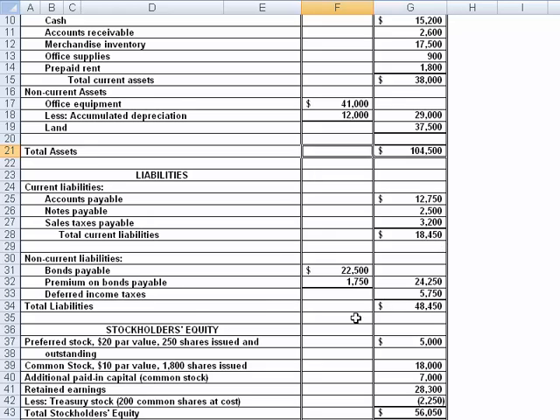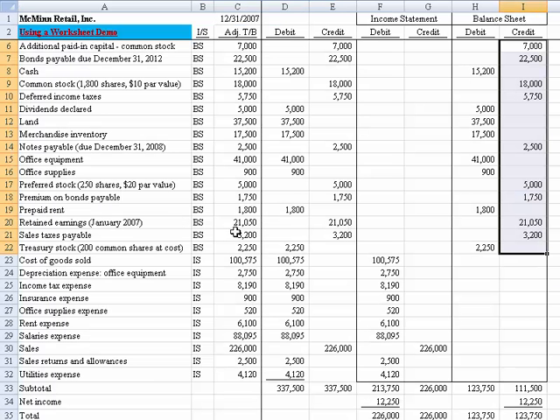Oh, and in this problem, they're telling us the deferred taxes are long-term. I don't know if they stated that in the problem, but I have seen where deferred taxes could be a current liability as well. So I'll have to look in the problem set to determine whether it's unclear as to whether that should be long-term or short-term, or whether it's clear actually.